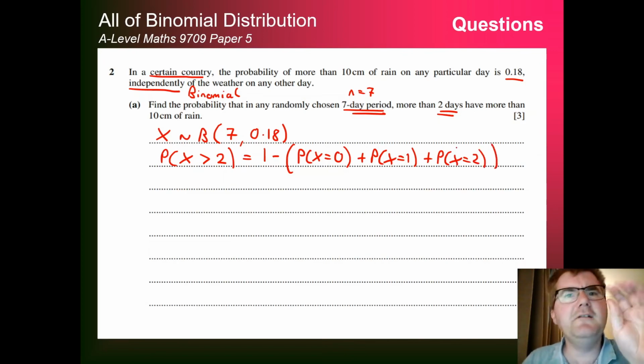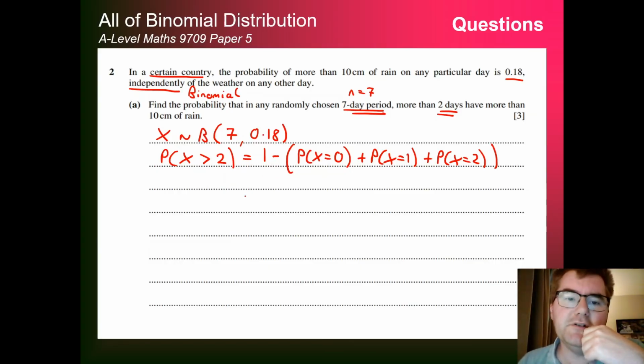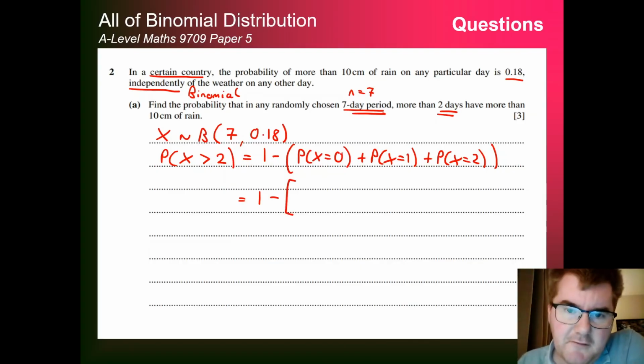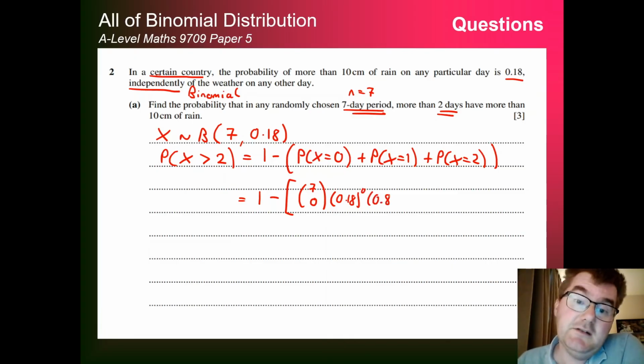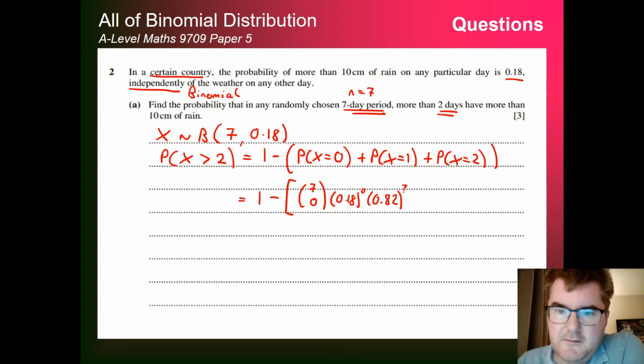So generally in the first part of the question, they give you some sort of fairly standard binomial process to do here. So again, we do this in exactly the same way as we did the previous question. The first one is no days where there are more than 10 centimeters of rain. So that gives us 7 choose 0, the probability of rain is 0.18 to the power of 0, which is just 1, and then we have 0.82 to the power of 7.